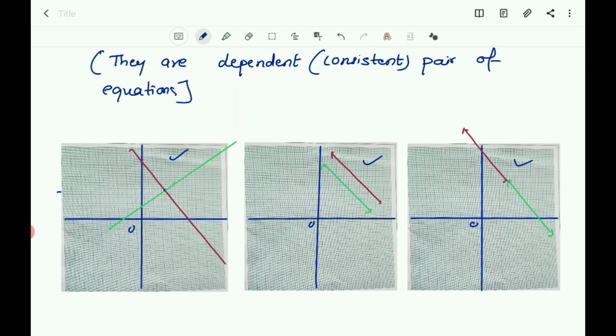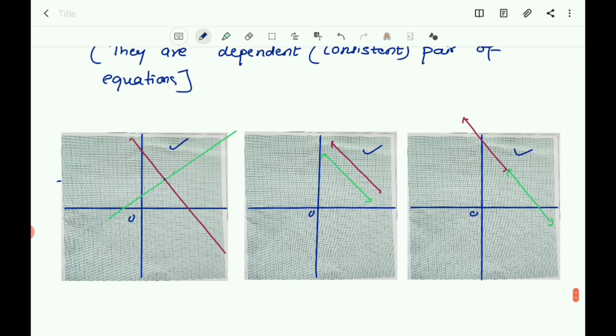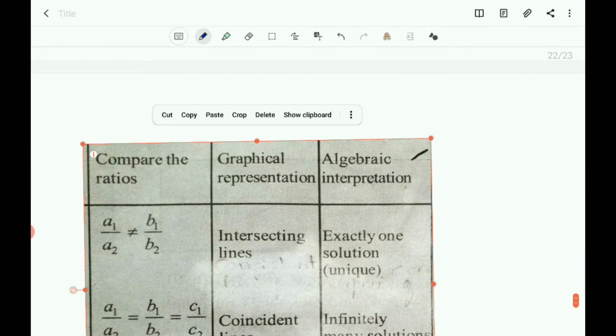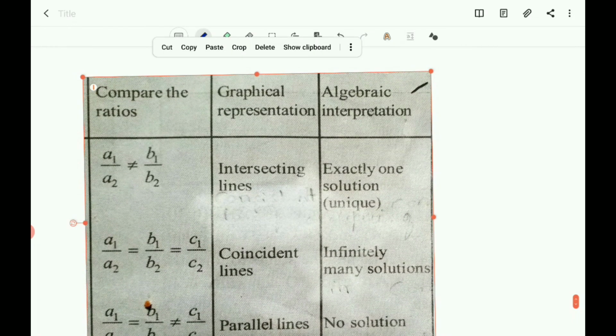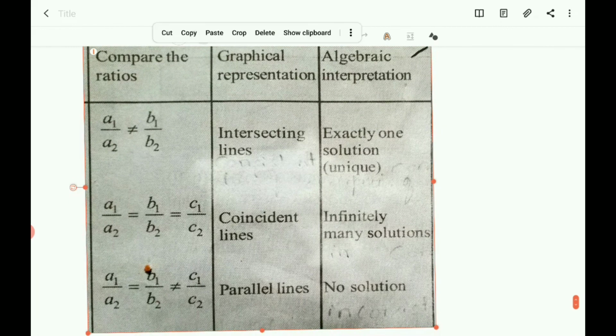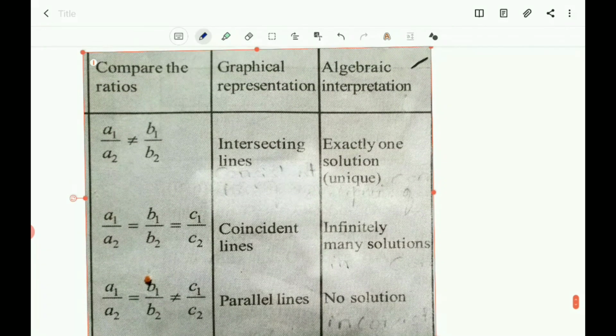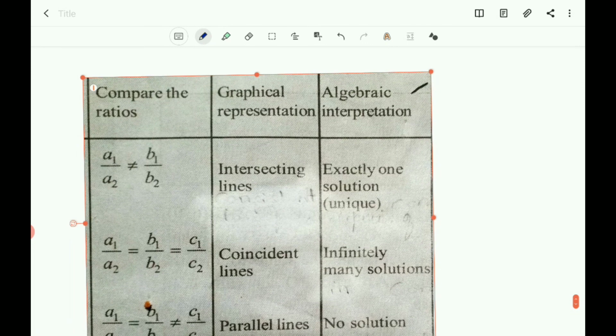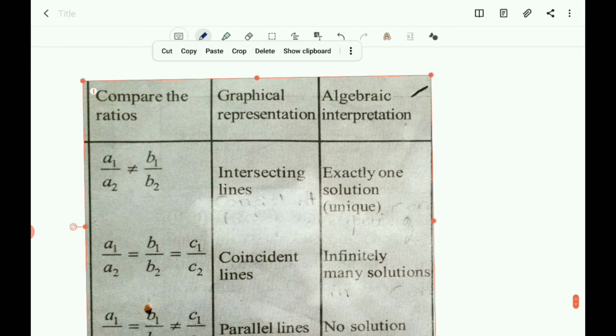Parallel lines, no solution, and coincident lines have many solutions. By combining both, that is, comparing the ratios A1 by A2, B1 by B2, C1 by C2, and also the graphical representation, we will get the interpretation. Let us interpret the linear equations.